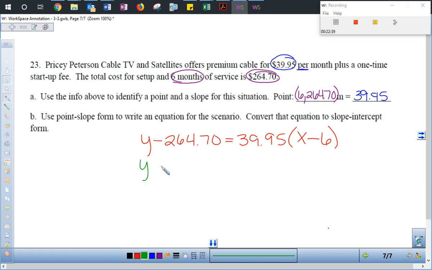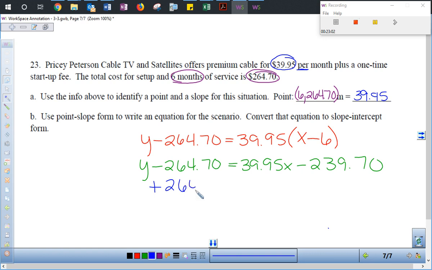So I need to distribute. So I'll still have y minus 264.70 equals 39.95x. And then I want to take 39.95 times 6, and we'll get minus 239.70. And then all we need to do is add 264.70 to each side.